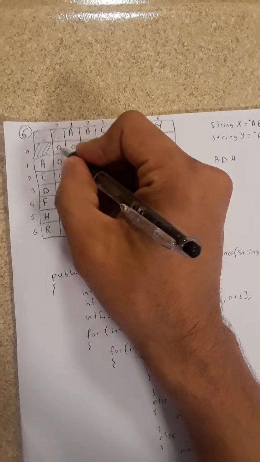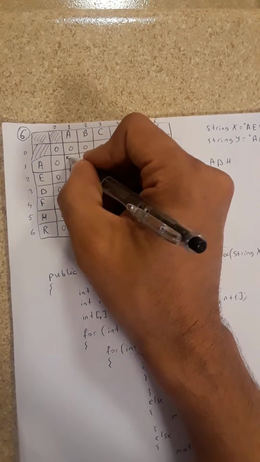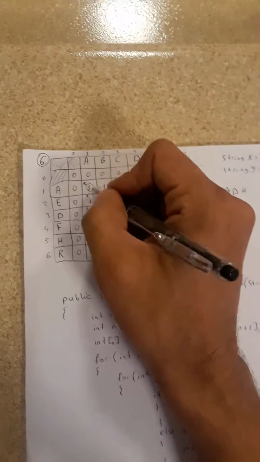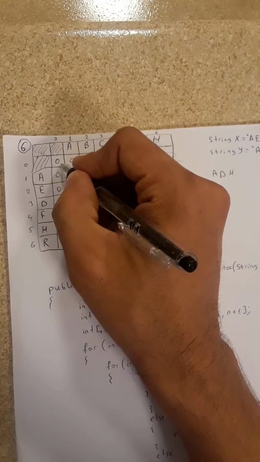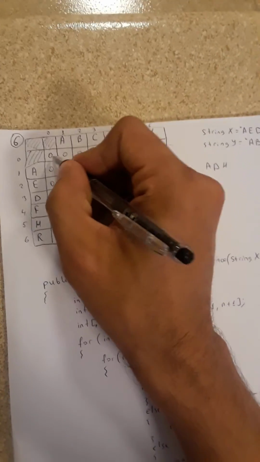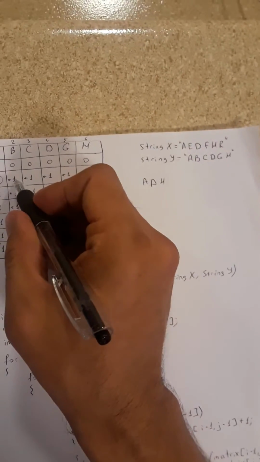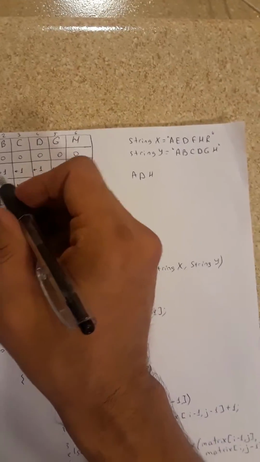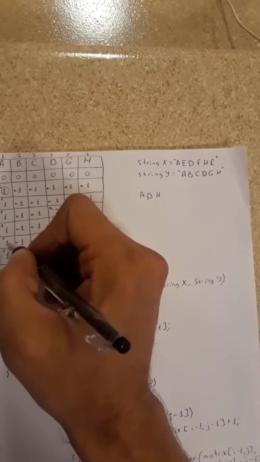So from our position where two letters are equal, we look to the top left and increment by 1. It's 0, incremented by 1, it's 1. When we go to the next character, we can go either to the right or to the bottom.